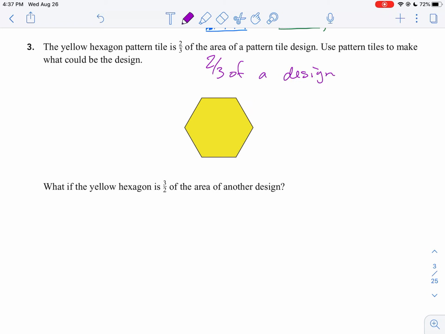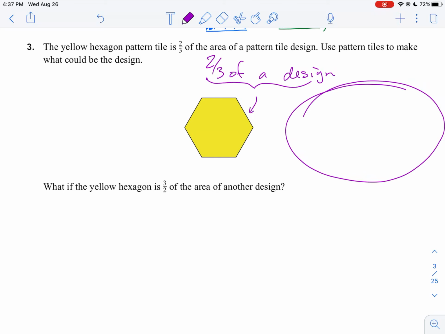So we've got something going on over here, and that is the whole. Actually, I'm gonna do this a little differently. Sorry, guys. The yellow pattern tile is 2/3 of the design.